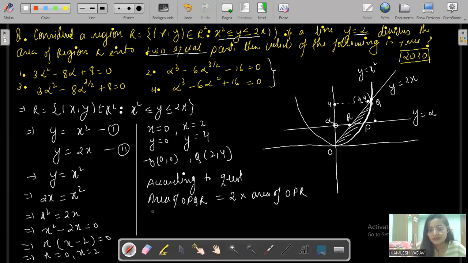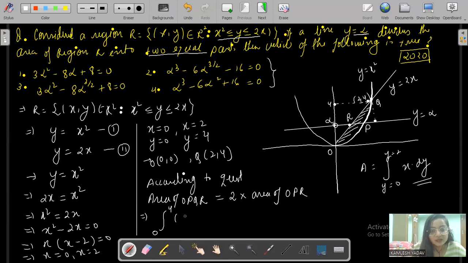So here first we find the area of OPQR. Here the lower limit in all terms we see is 0, but the upper limit is 4. So it goes from 0 to 4, and because we drew y = α, we use the area formula with x dy, in this format.